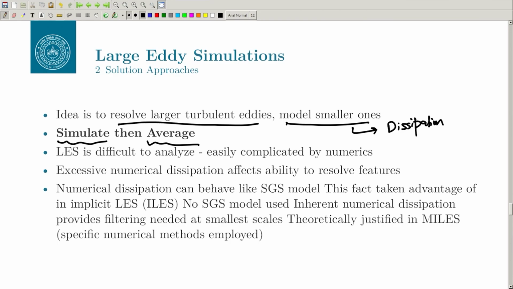LES is difficult to analyze. It can be easily complicated by numerics, and the post processing is also not that easy. The reason for that is that the grid size is very large. In LES it is 3 dimensional, and you do not get the mean quantities directly. In RANS, if you want to get the turbulence kinetic energy, you are solving for the dk by dt equation, so you get the turbulence kinetic energy directly.